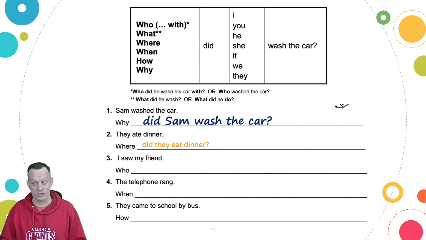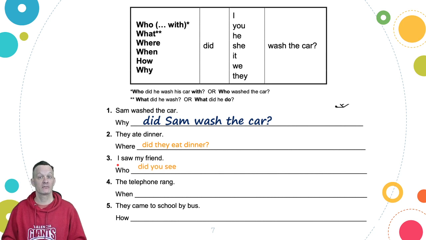This is the object question. Who did you see? I saw my friend. My friend is the answer. I saw my friend. Who saw my friend? Now that would be the subject question, but we're not going to pay attention to that right now. Let's concentrate on the object questions and get these sorted out.